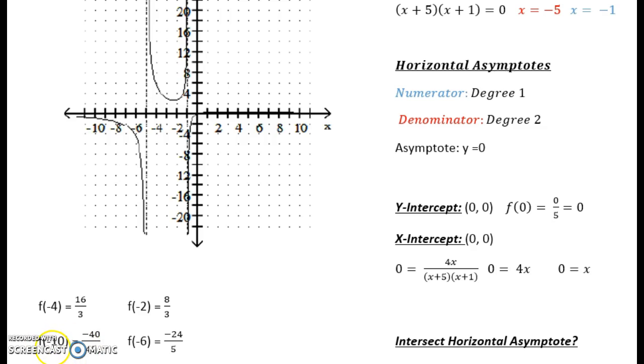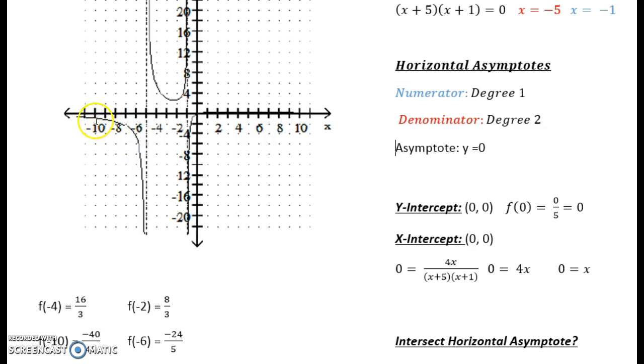Picked x equals -10, and the result here is -40 over 45, which is almost -1. So we're going to have a point right here at almost -1. And then at -6 for x, we get this value, which is almost -5. So we're going to have a point here at almost -5.